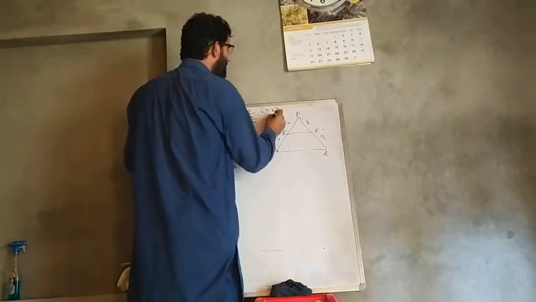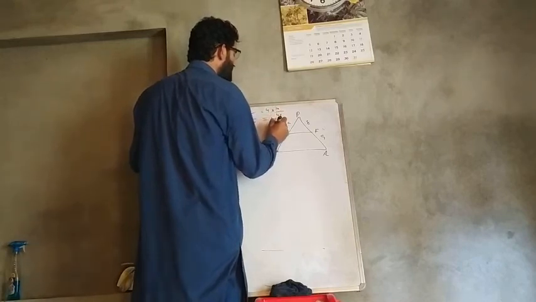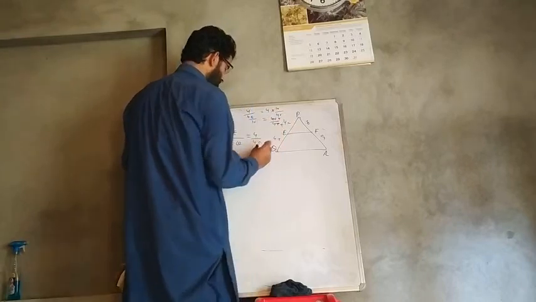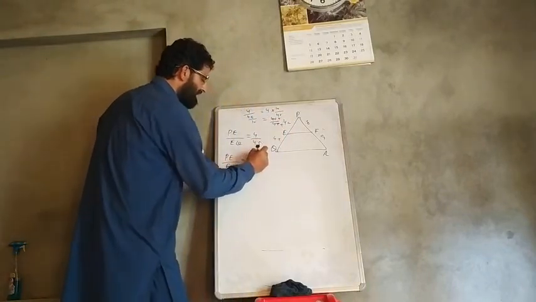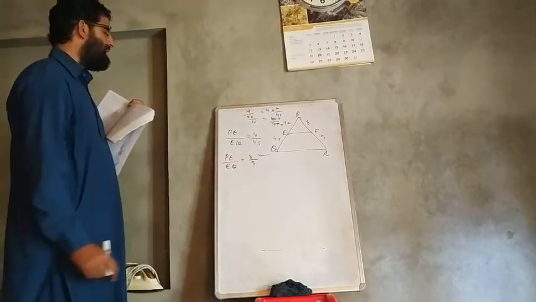Now 5 8s are 40, 5 9s are 45. So this is 8 by 9. This PE divided by EQ is 8 by 9.